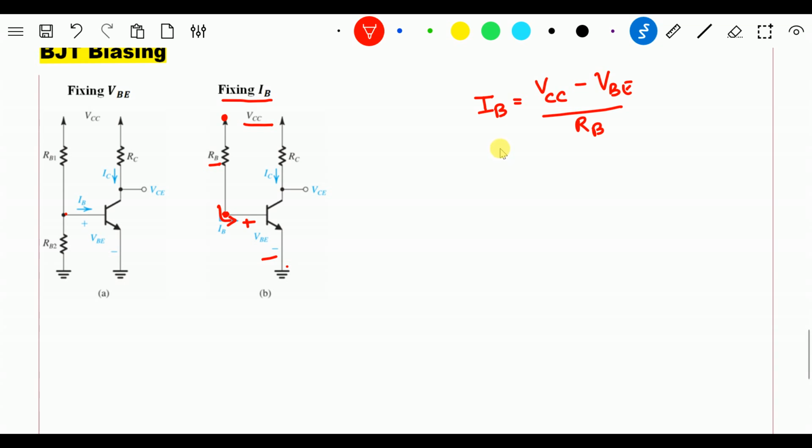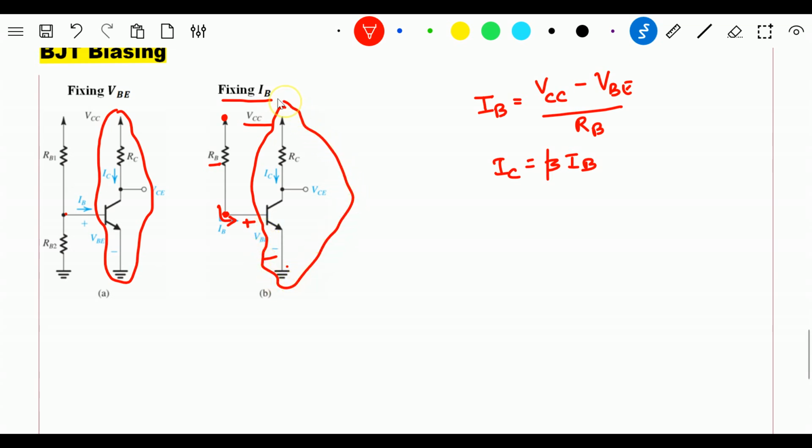Very simple. Now, through this IB, you can easily find IC, because we know IC equals beta times IB. Now, to find VC, this part of the circuit in this biasing circuit is one and the same as the earlier one. Can you see here? They are both the same.